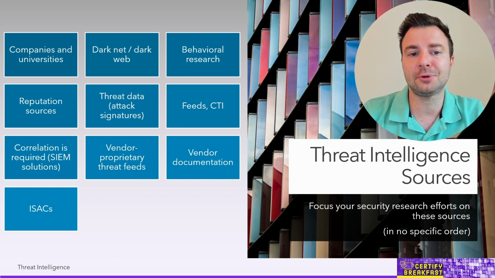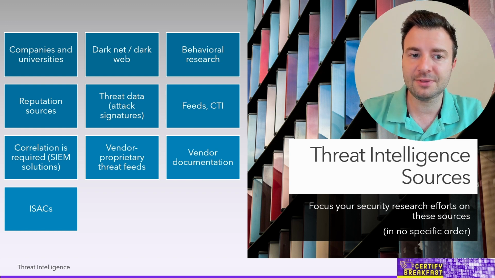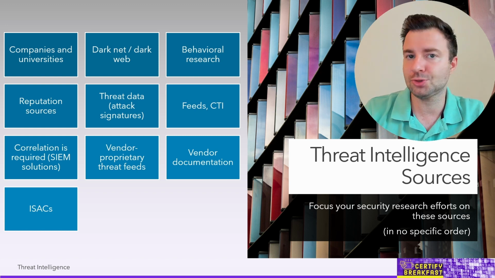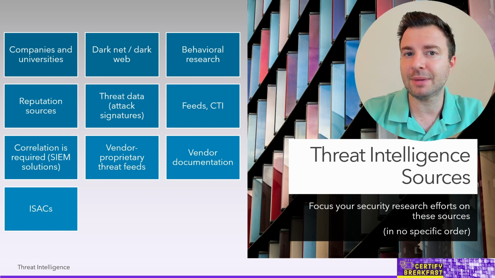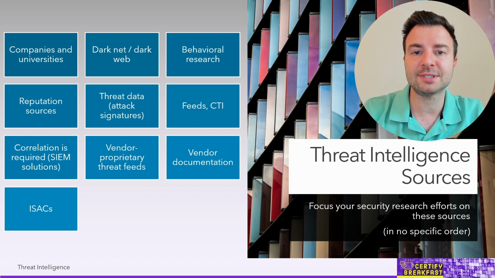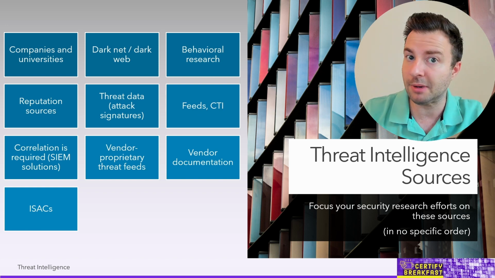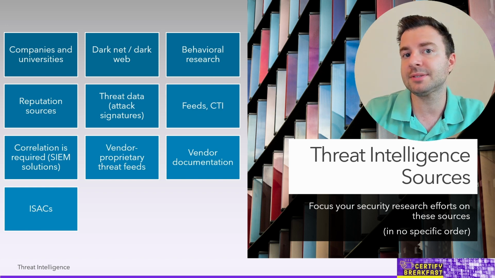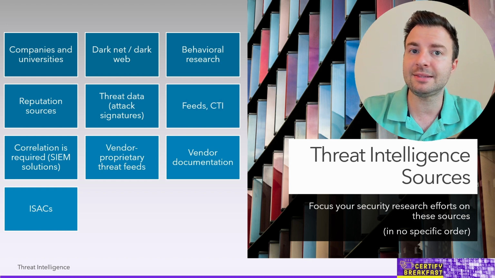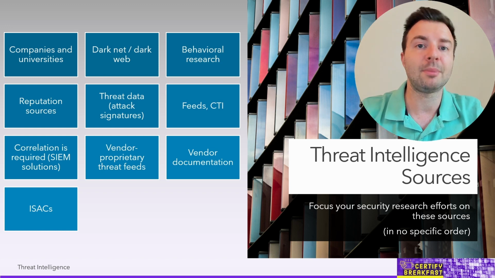Another source of information are the ISACs. ISAC stands for Information Sharing and Analysis Centers. These are threat intelligence sources that are specifically maintained and developed for specific industries like oil, gas, aviation, power distribution, and so on. And they address the security risks that these critical infrastructures might be facing.